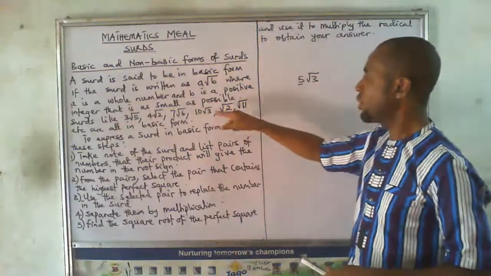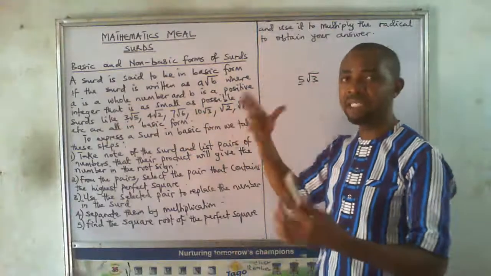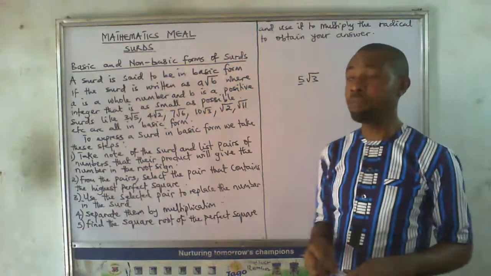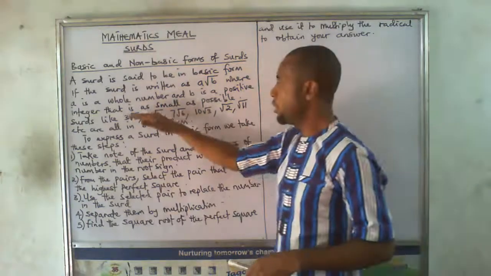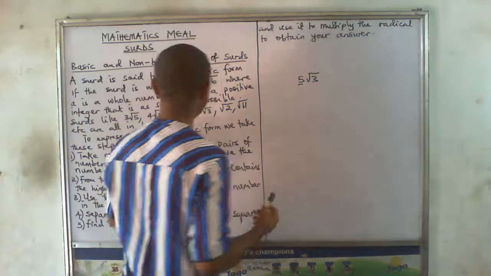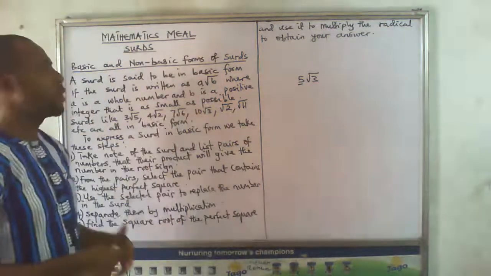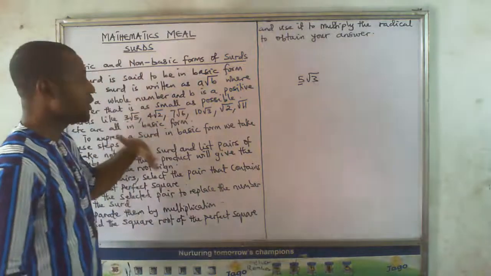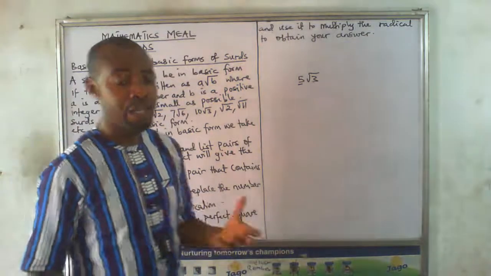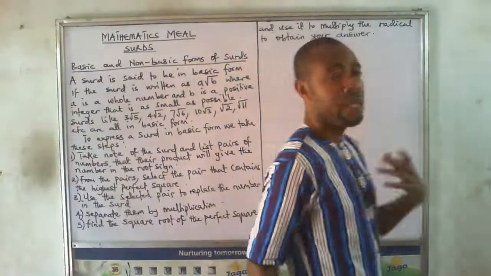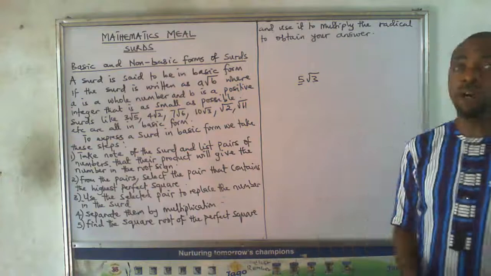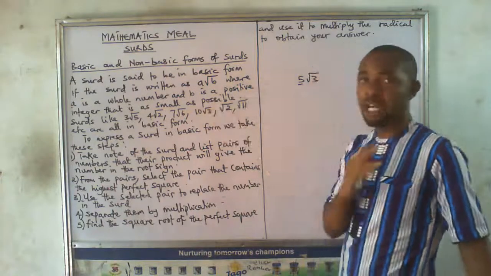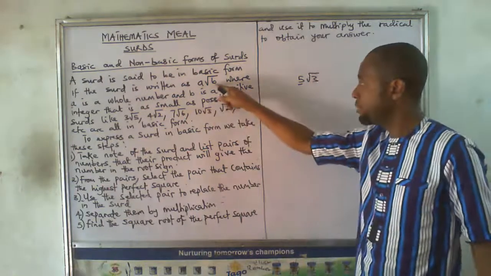Once a surd still contains a number that can still be reduced, then that surd is not in basic form. For these ones, the numbers we have here are as small as possible. We cannot reduce them any further. By the time we begin to see how we can express a surd in basic form, we'll understand what we mean by the number being as small as possible. That's the number b.